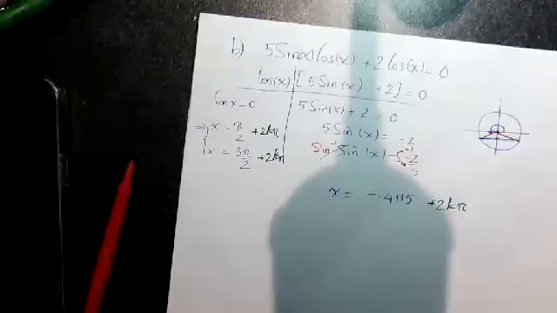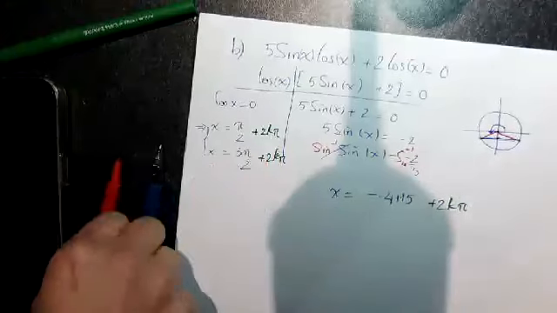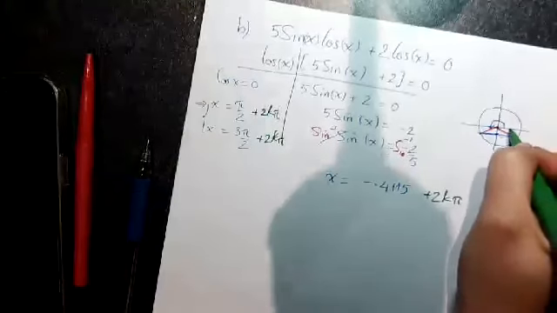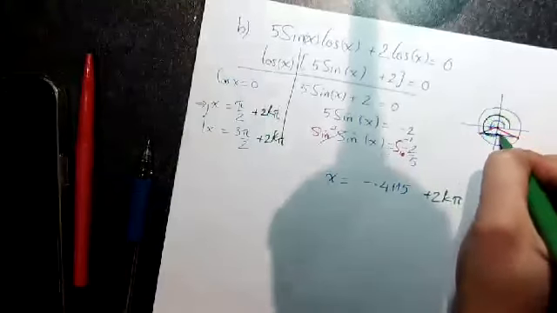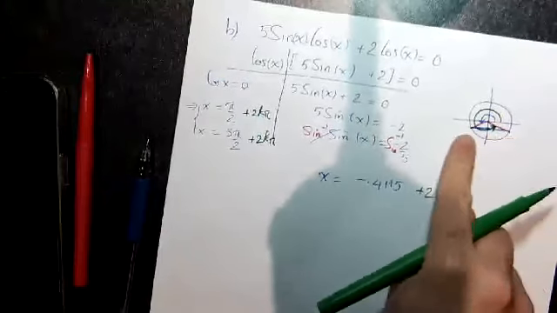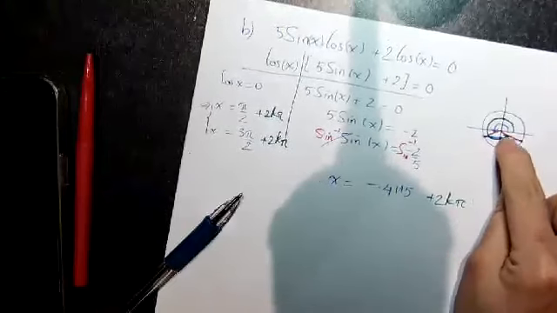And the other one is, I'll use green, the other one is right. Two of them. So in order to find this one, what do I have to do? I'll take what?